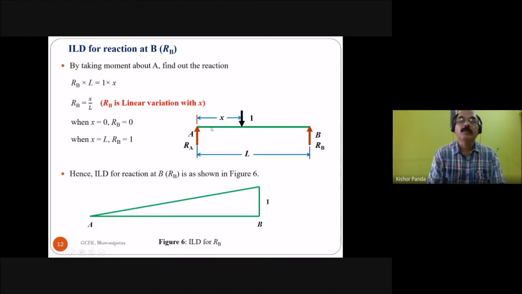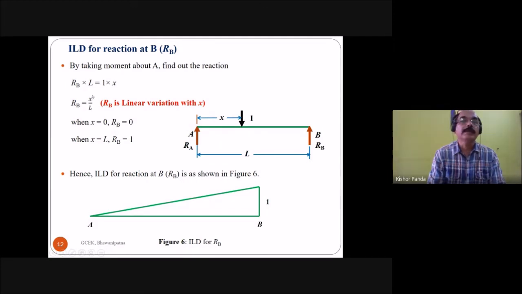Here also you can find out the value of RB when the unit load is present at A, and the value of RB when the unit load is present at B. You got the relation, when the unit load is at a distance X from the support A, RB is equal to X by L. When X is equal to 0, RB is equal to 0.